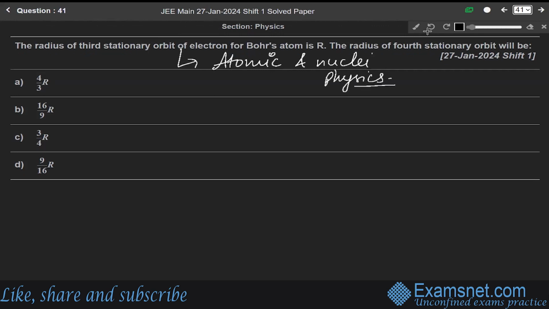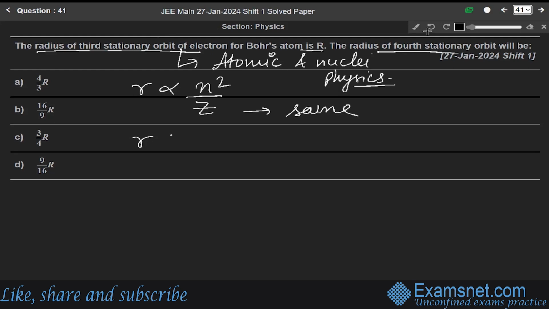As we know, the radius r is directly proportional to n square over z. Since z is the same, r is directly proportional to n square.